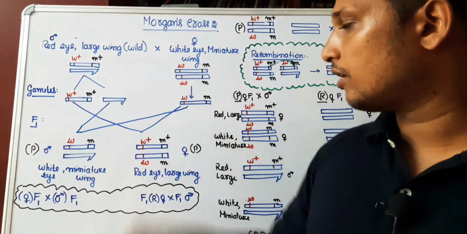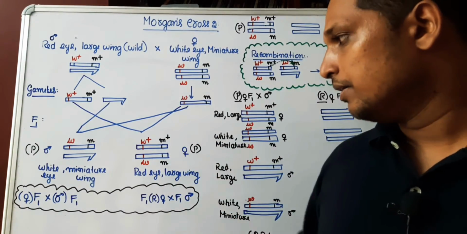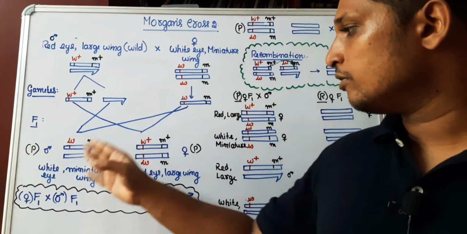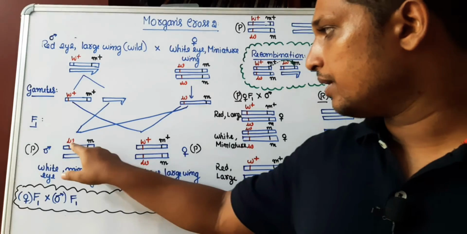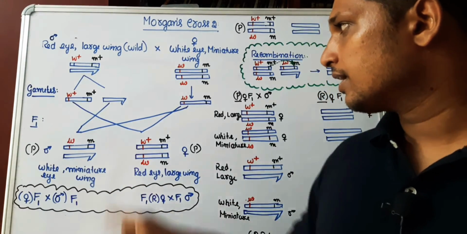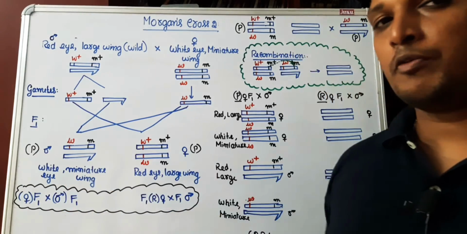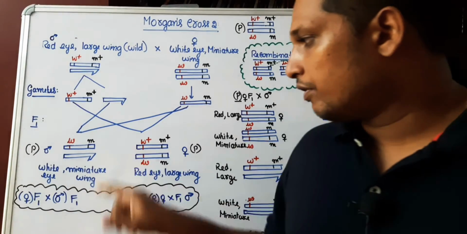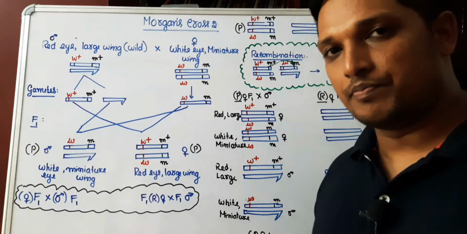So there was reversal of sex. Male was wild, now female became wild. Female was recessive, now male is going to become recessive. The X of female with recessive genes combined with the Y of male gives a white-eyed, miniature-winged male. That is F1.